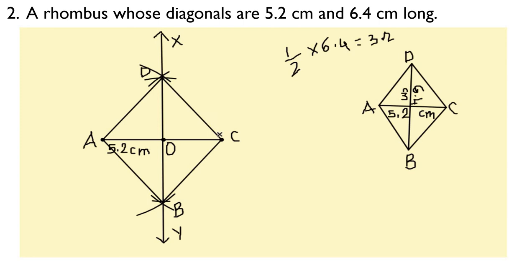Also we mark the measurement of the other diagonal. Thus ABCD is the required rhombus.